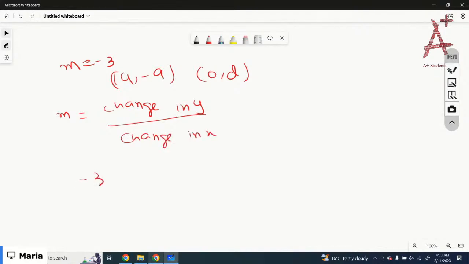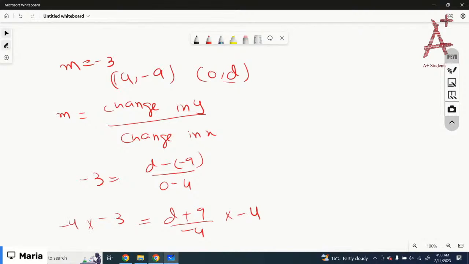So slope is negative 3. Change in y, it would be d minus negative 9 divided by 0 minus 4. So it would be negative 3 equals d plus 9 over negative 4. Got it? So just multiply both sides by negative 4. Negative 4 and negative 4 cancel out. So negative 4 times negative 3 is 12 and 12 equals d plus 9.